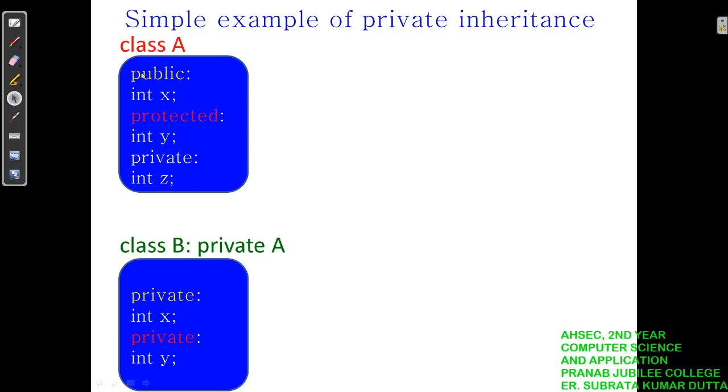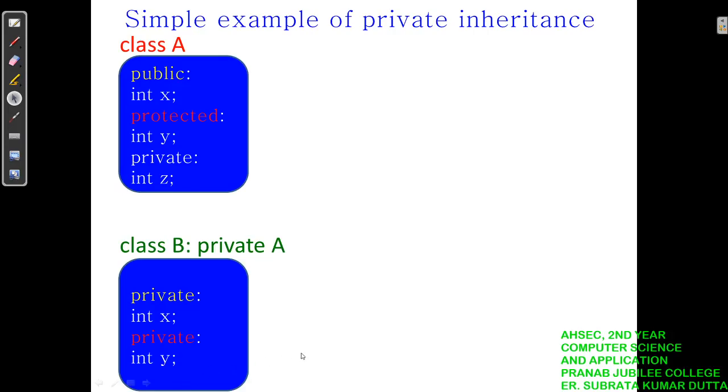So public becomes private, protected also becomes private. So these two members can be inherited, but their access specifier will be changed, and the member which is private in the base class cannot be inherited in the derived class.